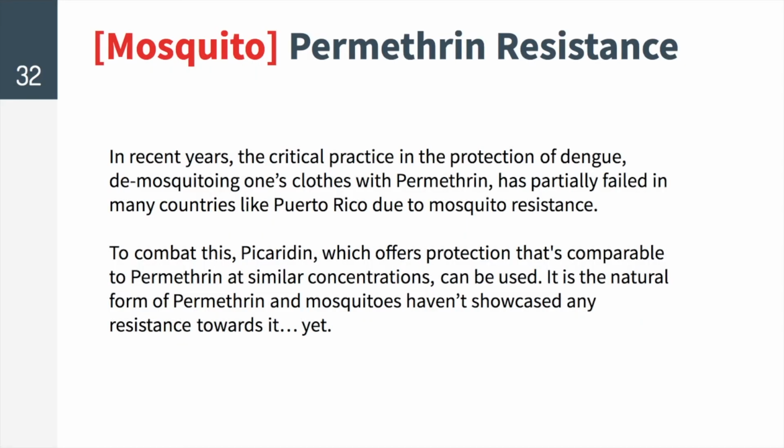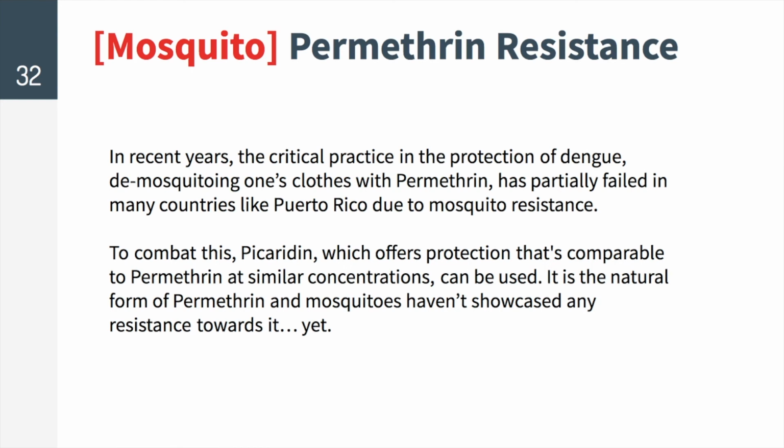Unfortunately, there is resistance to some of the treatments used to prevent mosquito bites. Not specifically dengue, but mosquitoes are the ones that spread dengue, so in preventing mosquito bites, you kind of prevent dengue. In recent years, the practice of protecting oneself by treating clothes with permethrin, or DEET, has partially failed in countries like Puerto Rico due to mosquitoes' resistance.